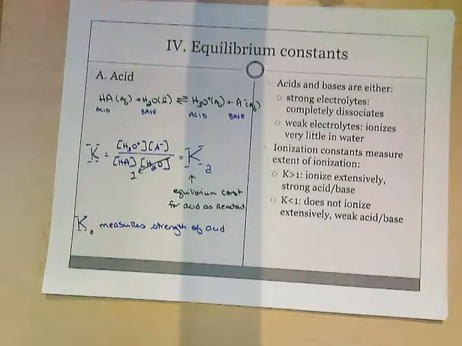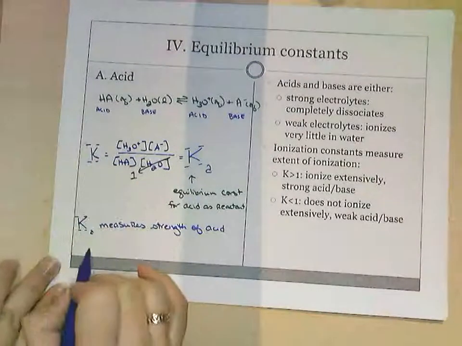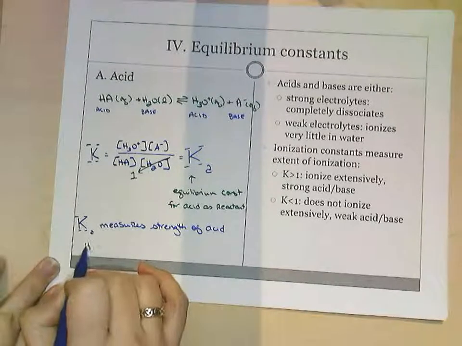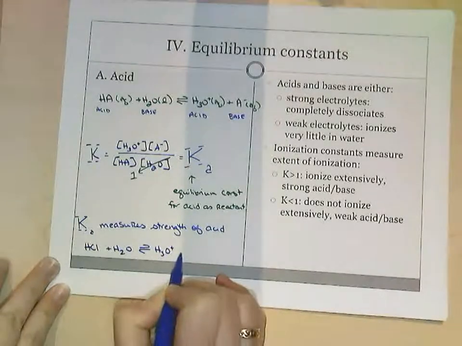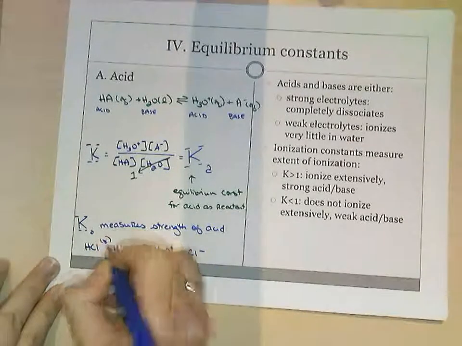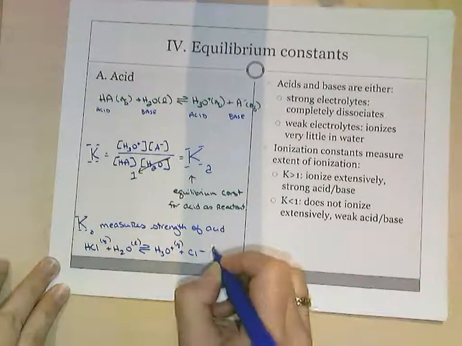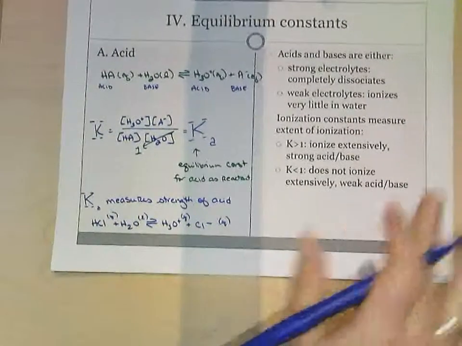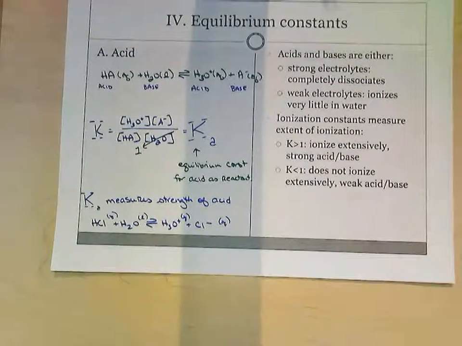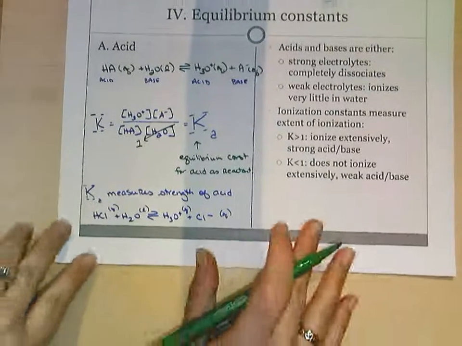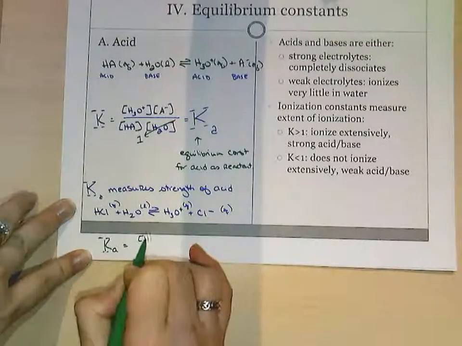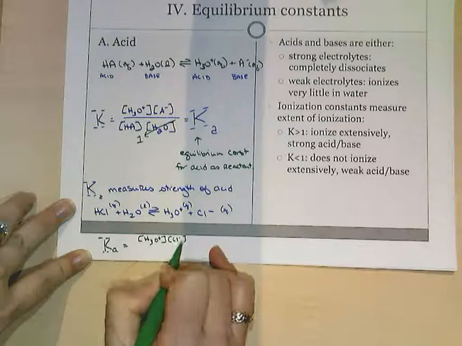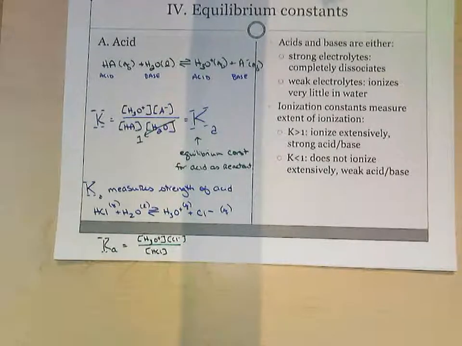So if we think about that as an example, let's say my acid is now HCl. All right, so I have hydrochloric acid dissociating into the hydronium and the chloride ion. If I wrote out its equilibrium acid equation, right, I would have that.